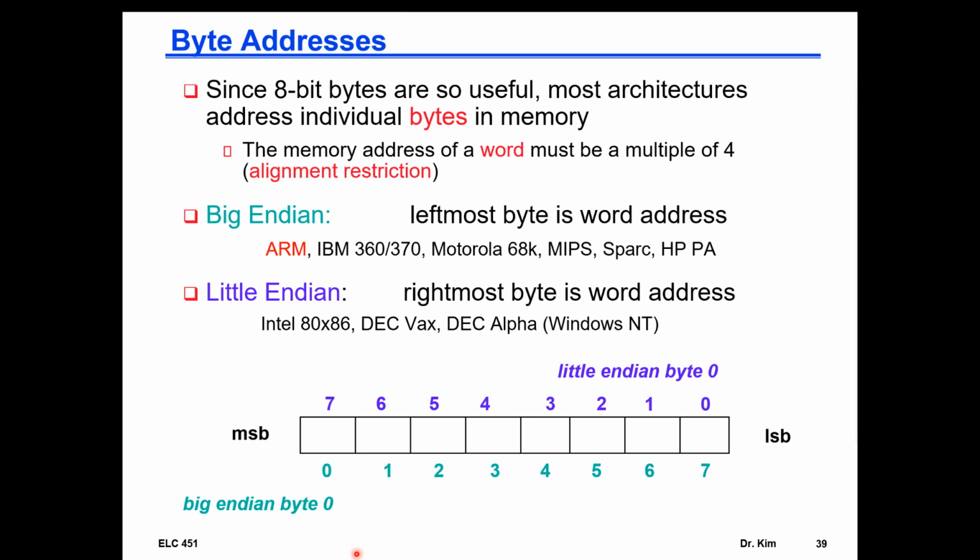Now there are 2 ways of storing data that requires multiple bytes in memory. The first one is what is called big endian.